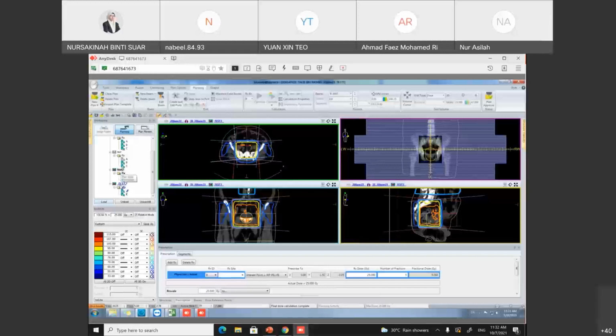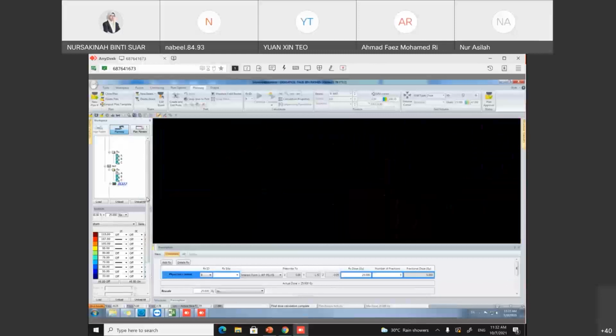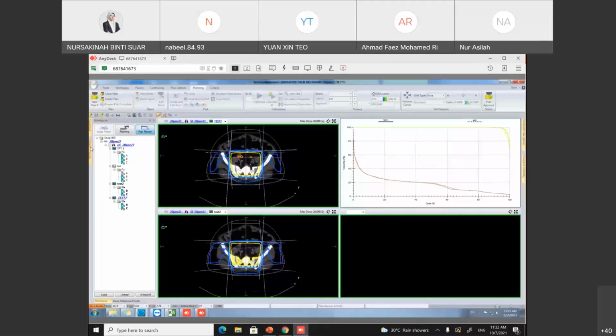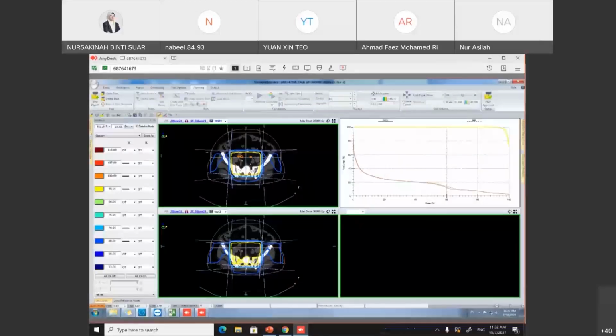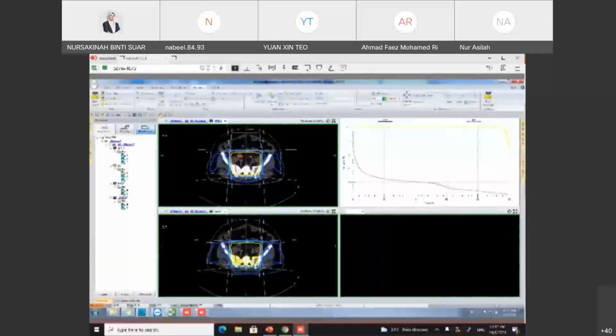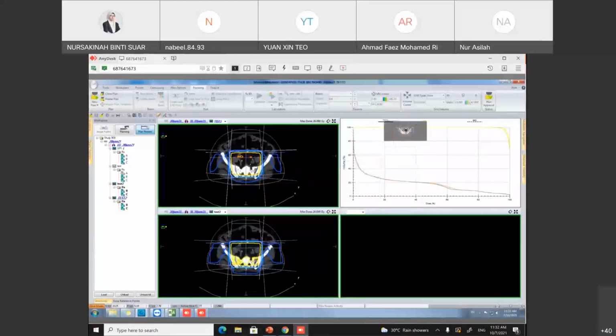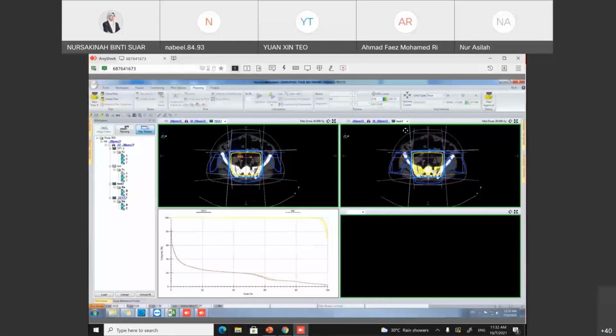Okay, for this plan, let me show you. The left side is 10 MV, the right side is 6 MV.